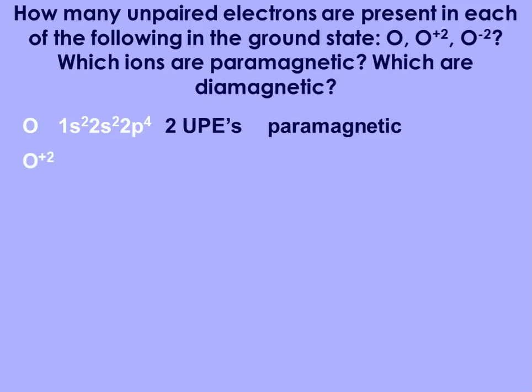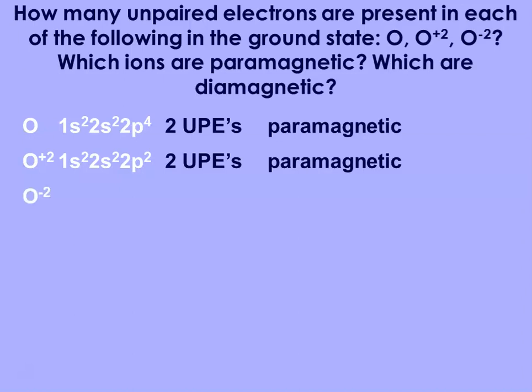You would be down to 6. So you would have 2 in 1s, 2 in 2s, and 2 in 2p. Remember, each of the p orbitals can take an electron before they pair up. So you would have 2 unpaired electrons in this particular example as well, and it too would be paramagnetic. With O-2, you're gaining electrons, so rather than losing 2, you're gaining 2.